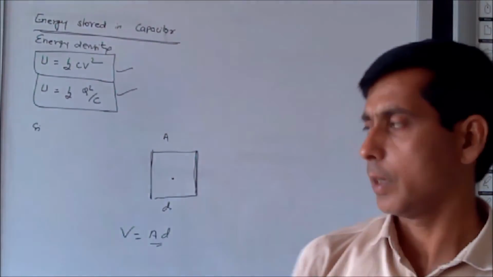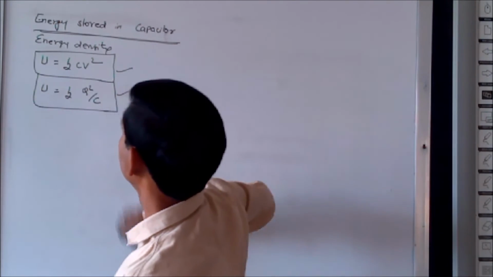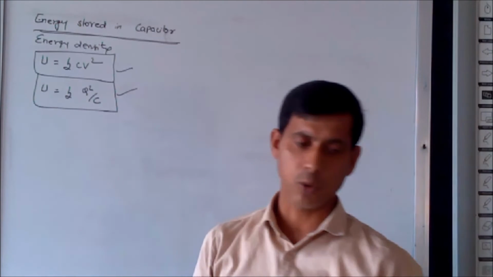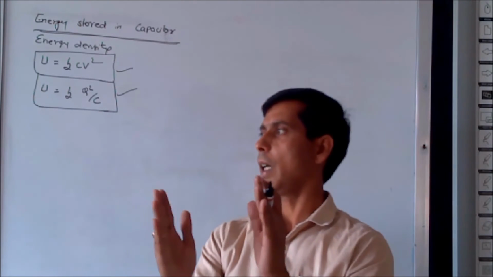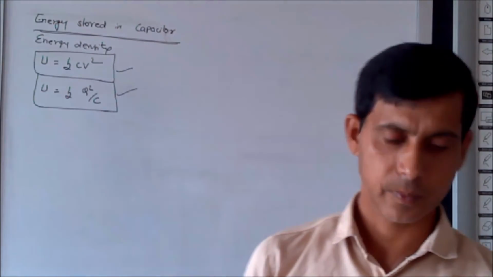It is called energy density. In simple words, energy density is the energy stored per unit volume inside the plates of the capacitor.